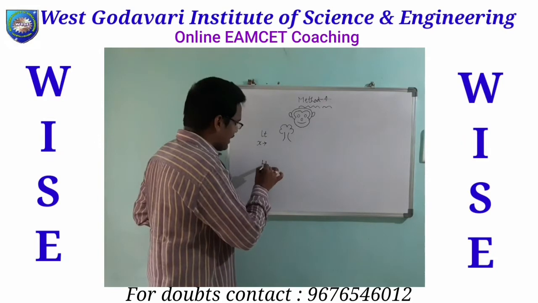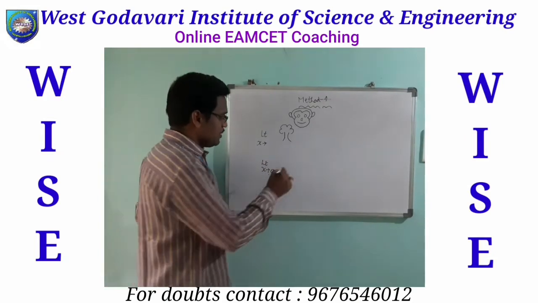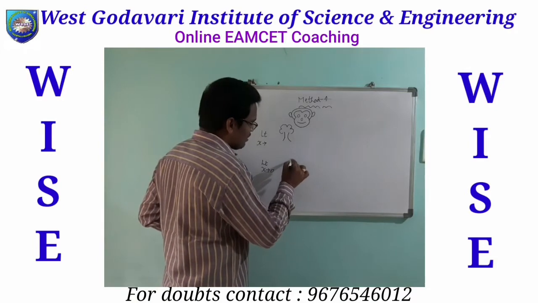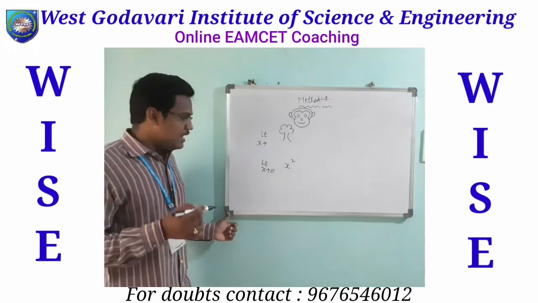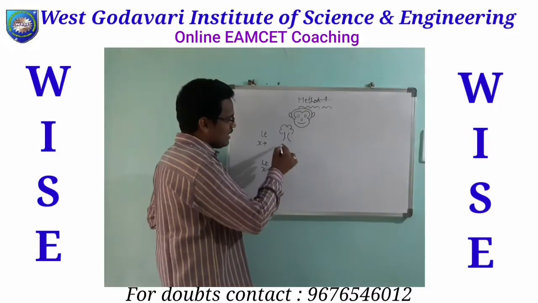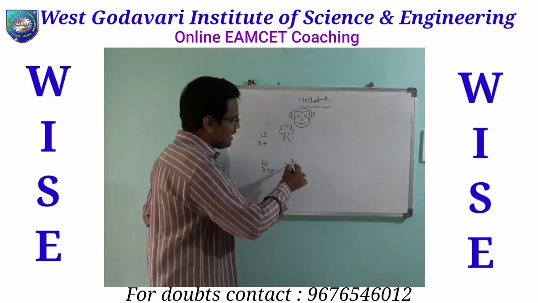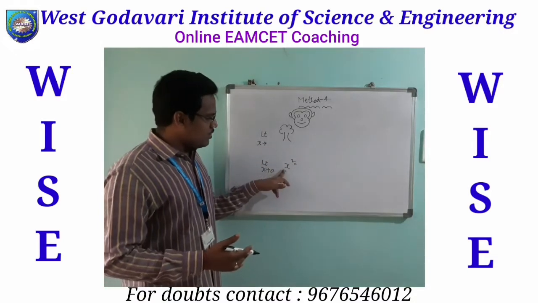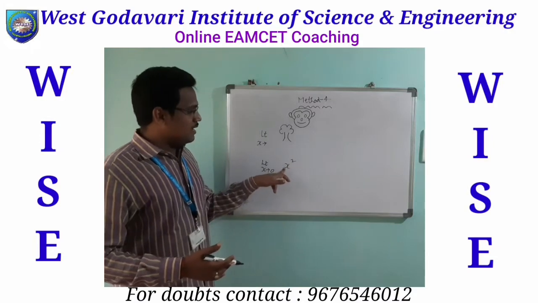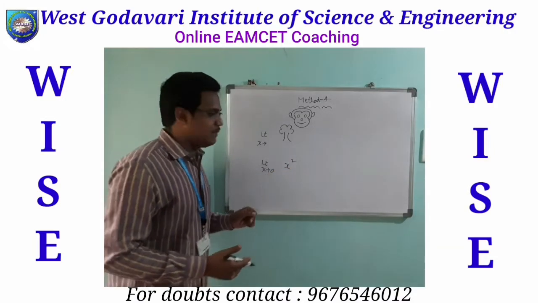Suppose the problem is limit x tends to 0 of x square. In the place of the tree, here it is the x, and in the place of the monkey it is the 2, just the power of x. So that is the tree on the monkey, sorry, monkey on the tree.